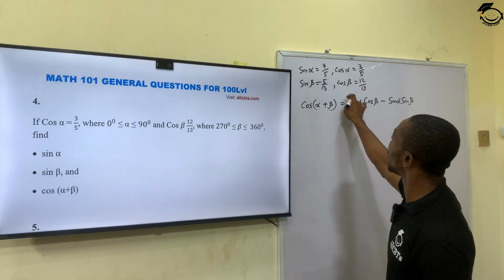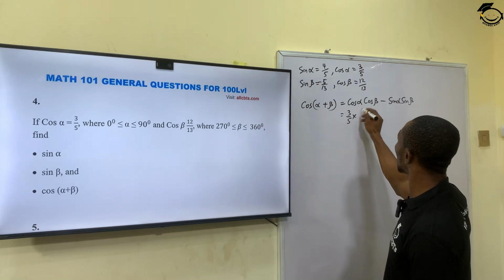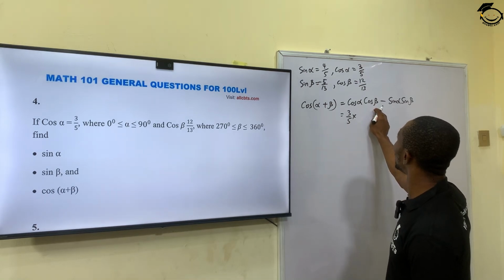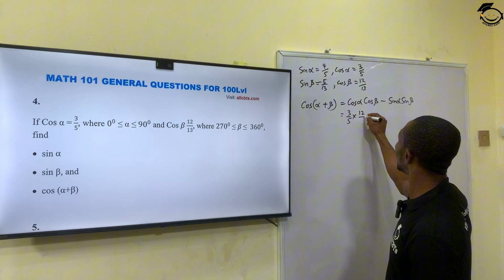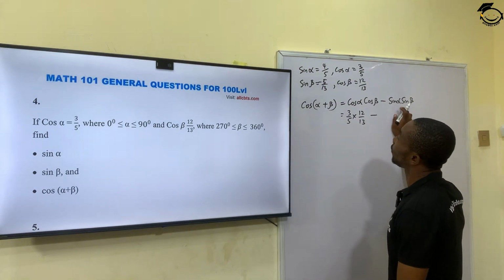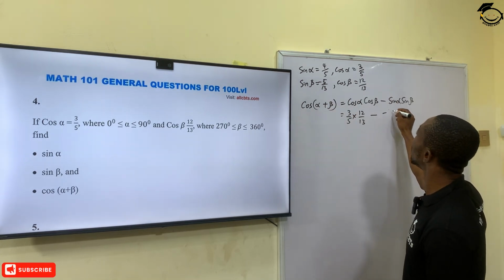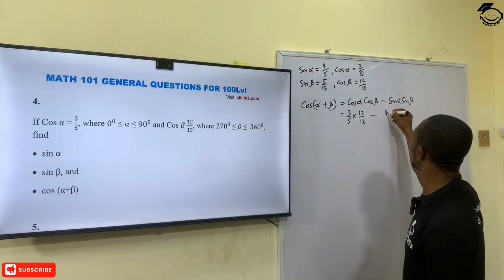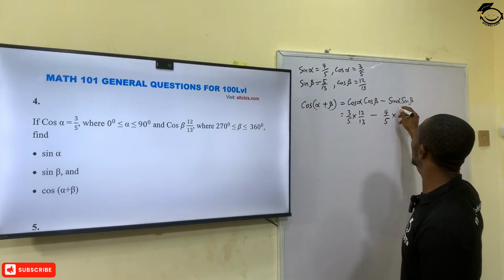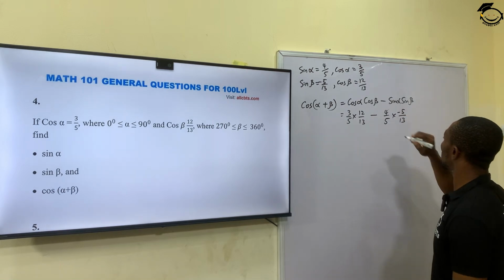Now, our cos alpha is 3 over 5 times cos beta, which is 12 over 13, minus sine alpha, which is 4 over 5, times sine beta, which is minus 5 over 13.